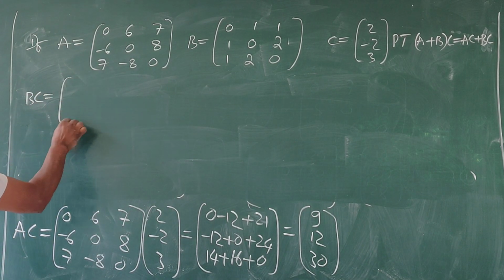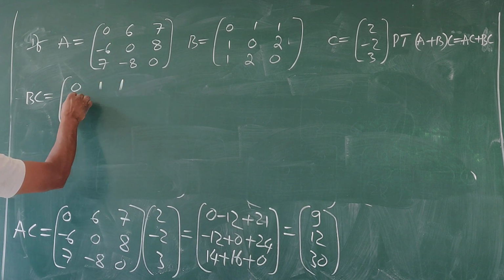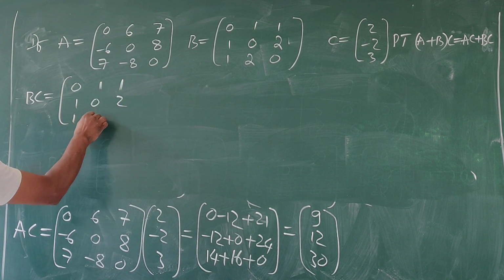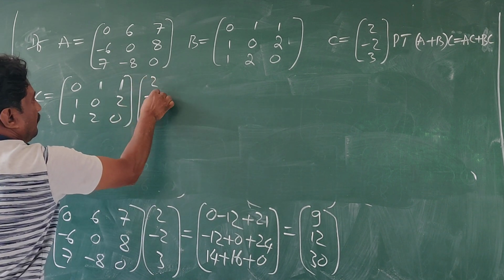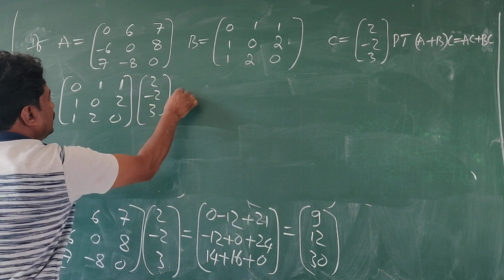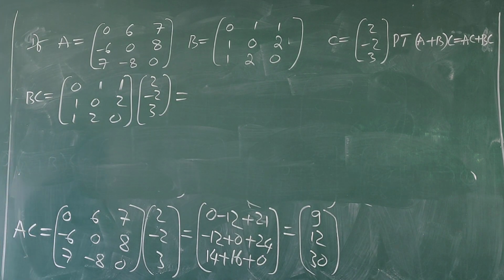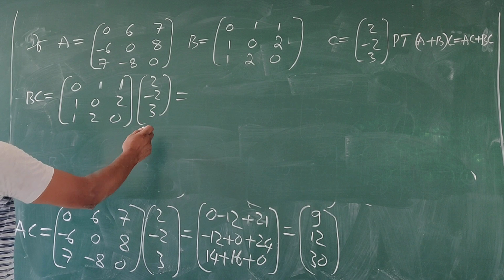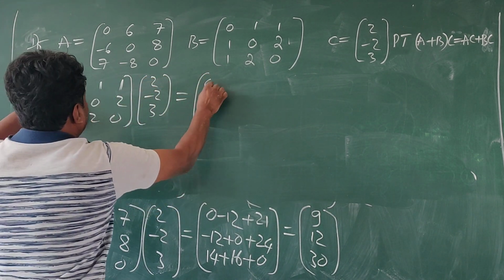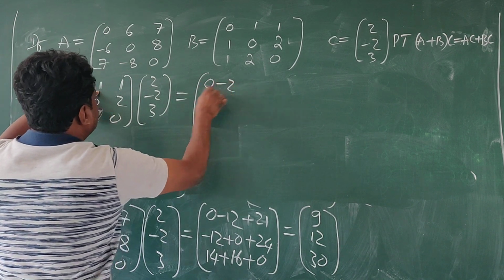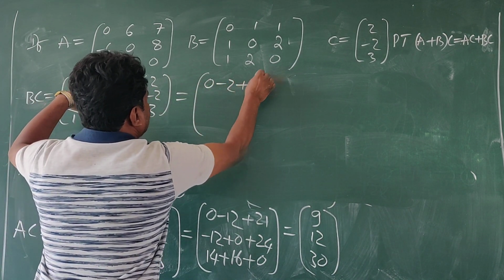B given [0, 1, 1; 1, 0, 2; 1, 2, 0]. C given [2, -2, 3]. BC, multiply that. First row, first column: 0, -2, plus 3.